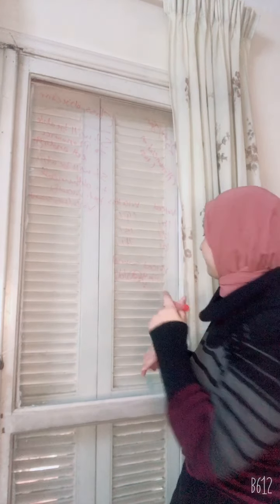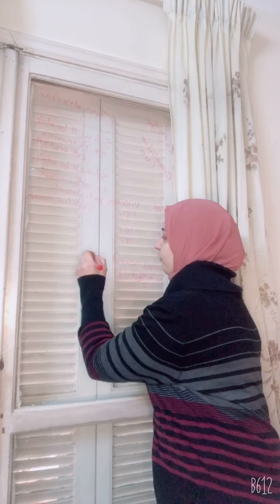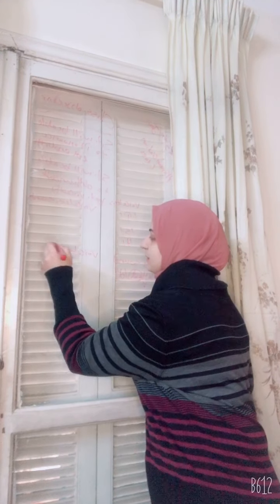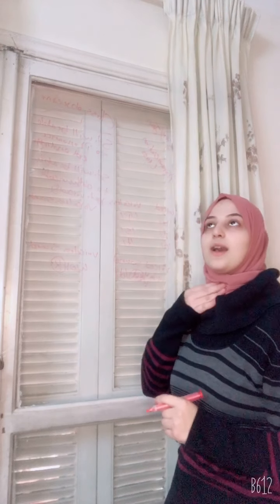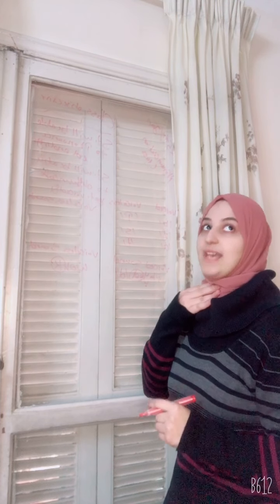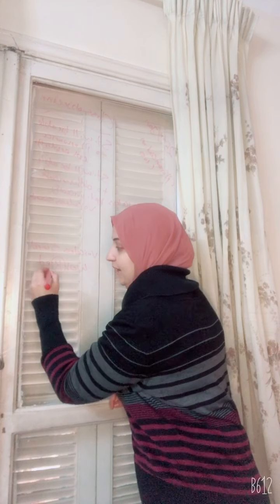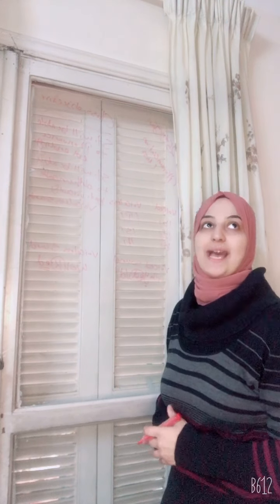The second one, voiceless sound. If I have work, work is a verb, and it ends in k. K, k, k. It's voiceless. So when I add ed, I pronounce it as a t sound.